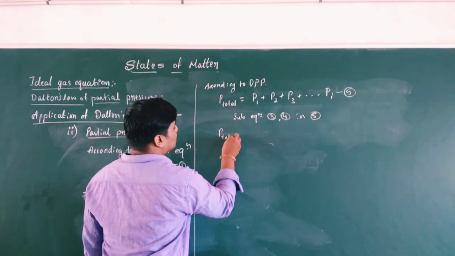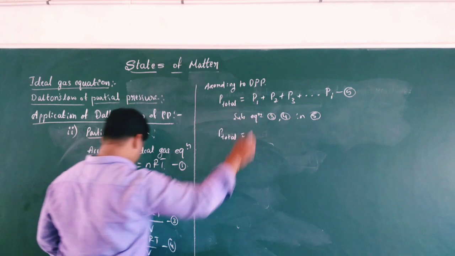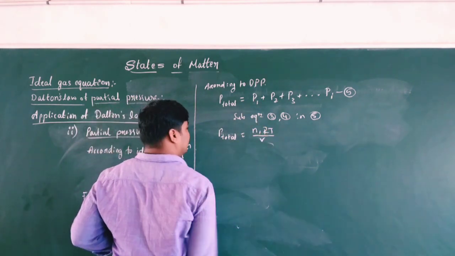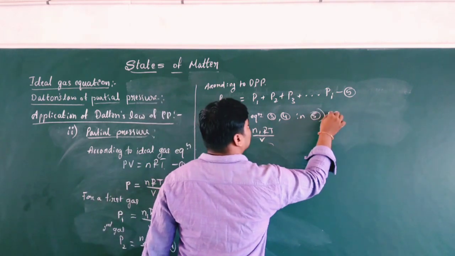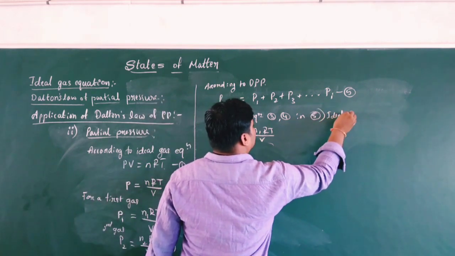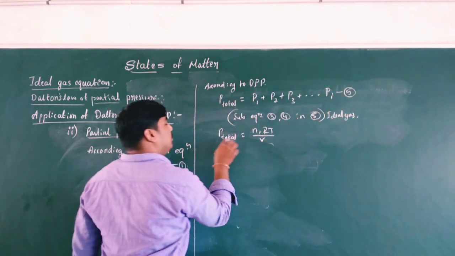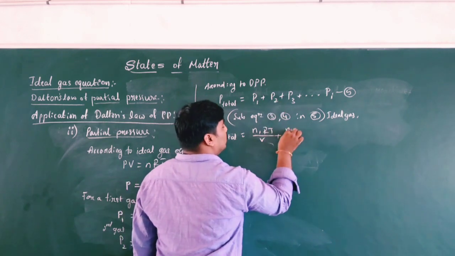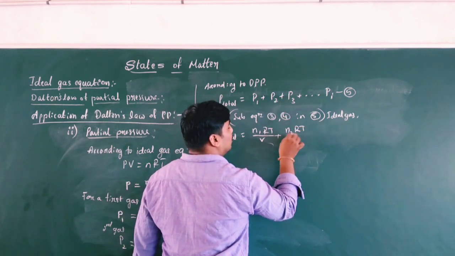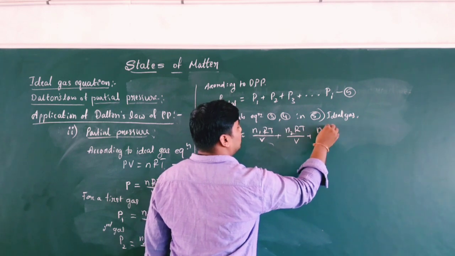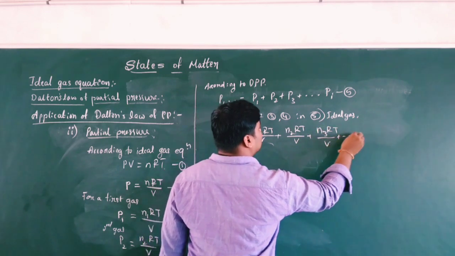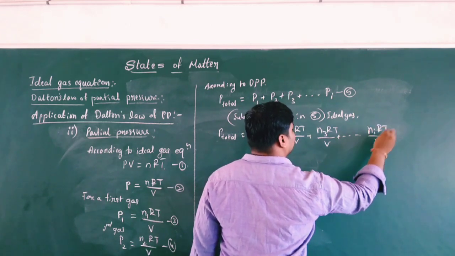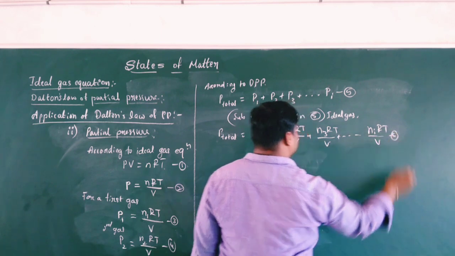P total is equal to, using the ideal gas equation, P1 is equal to N1 RT by V, plus P2, which is N2 RT by V, plus N3 RT by V, plus so on up to Ni RT by V. Equation number 6.